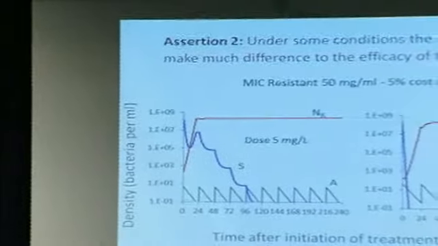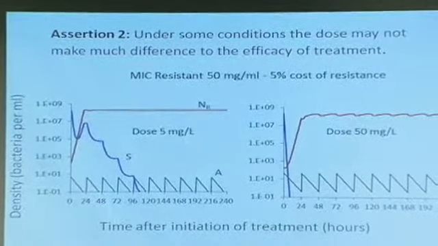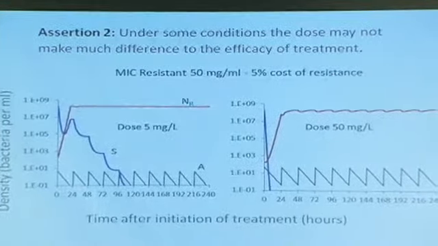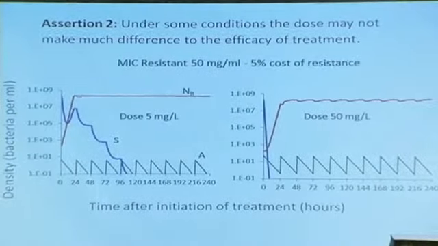The situation would be more acute under some conditions. Now the question is, what is the dose? What I have in this situation is one where we introduce antibiotics and they continually decay, in this case by flow. Every 24 hours, we pulse 5 milligrams per liter of antibiotics, and during the course of that time, the concentration wanes.